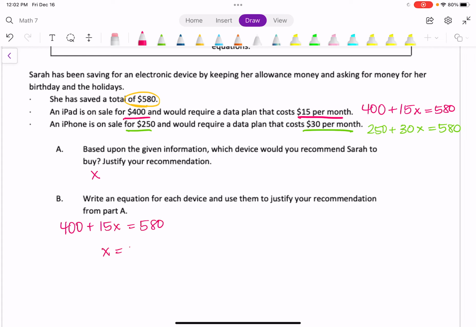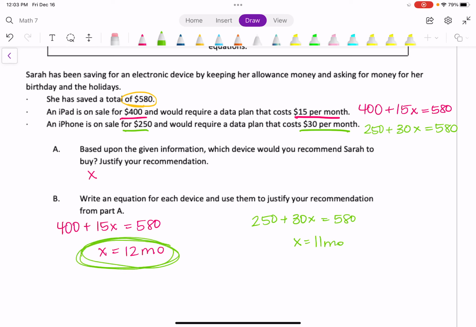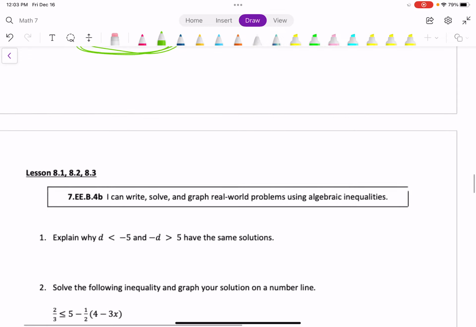If I solve this one, I get 12 months. And then if I solve the iPhone equation, I get 11 months. So I would recommend the iPad because she can have it for more months.